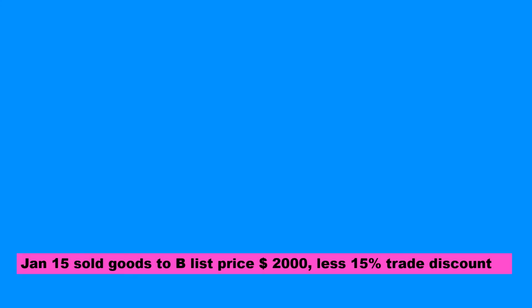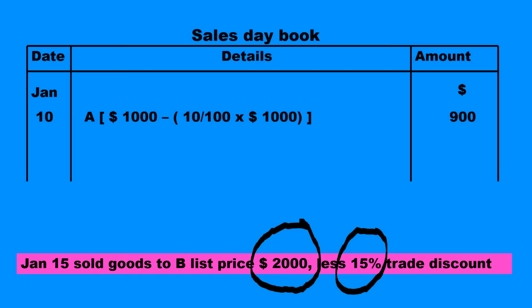Let us look at the second transaction. Sold goods to B, list price $2,000 less 15% trade discount. As we said earlier, when we sell goods on credit, it is recorded first in the sales day book, where we already had goods sold to A, the net amount being 900. Now we record the goods sold to B: 2000 less 15% of 2000 gives a net amount of 1700.